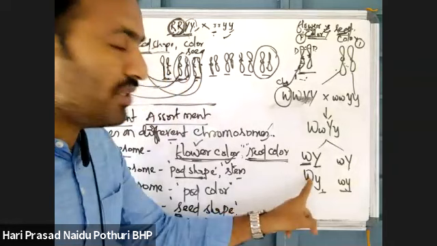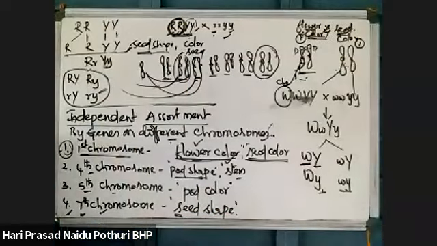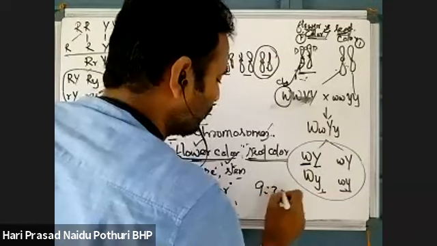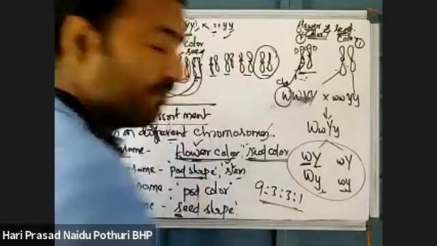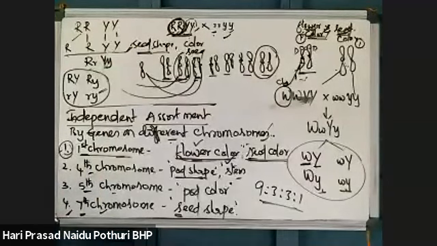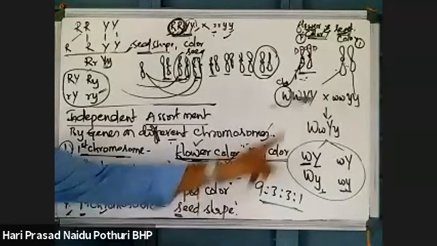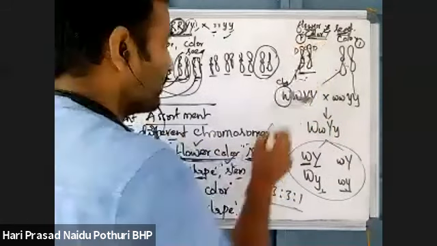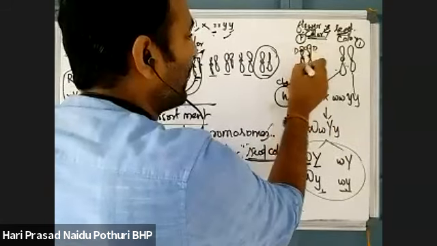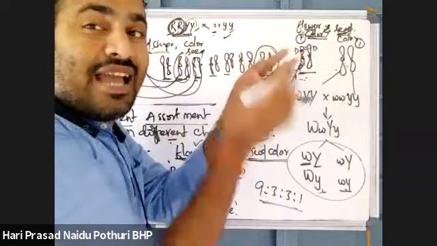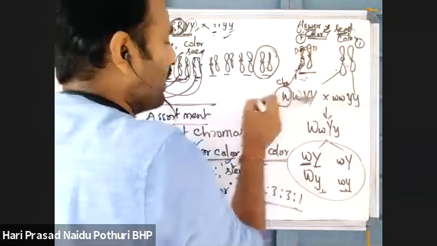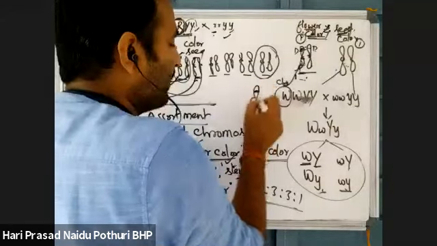But here, if it is recessive, that will be expressing recessive. So this is segregation on what? 9:3:3:1 is the phenotype. That is not possible. Independent assortment. Here, one chromosome has both characters, which means the characters are not separating independently because the same chromosome carries two characters.